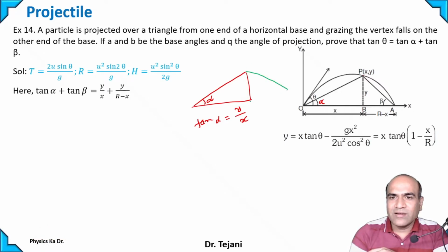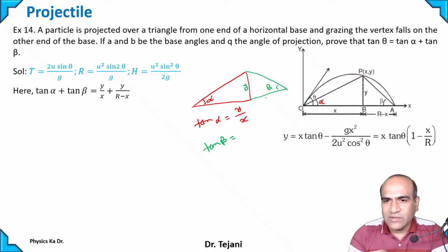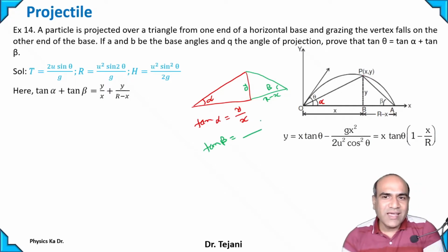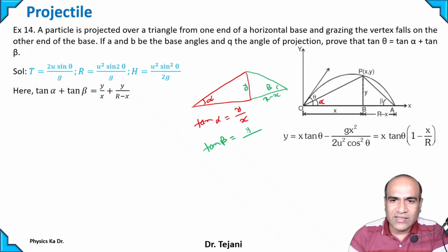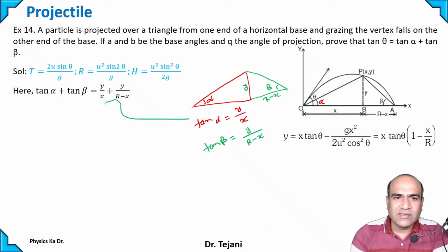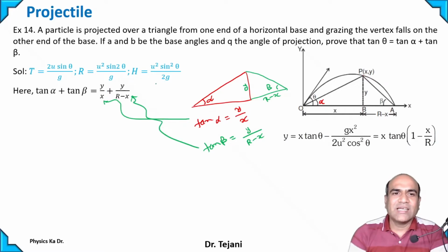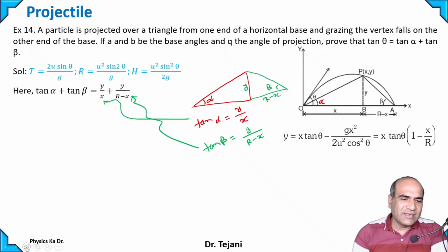We have another triangle, and that angle is beta. Can we have tan beta? Yes, this is y and this is R minus x, so tan beta is y divided by R minus x. Similarly, tan alpha plus tan beta: here it is y by x, and here it is y by R minus x.